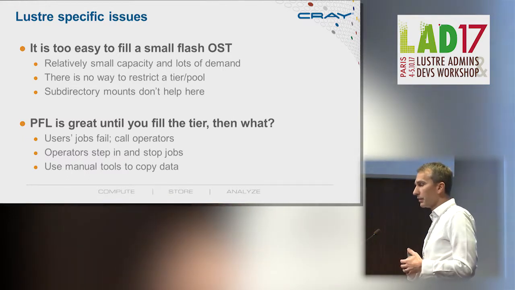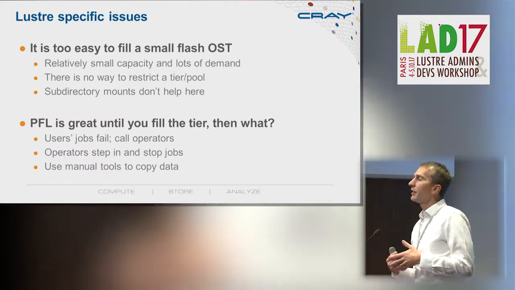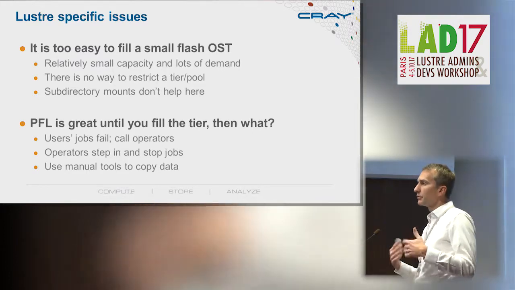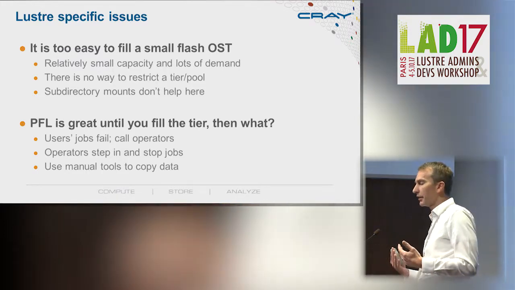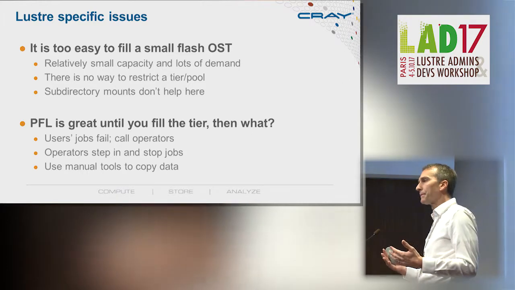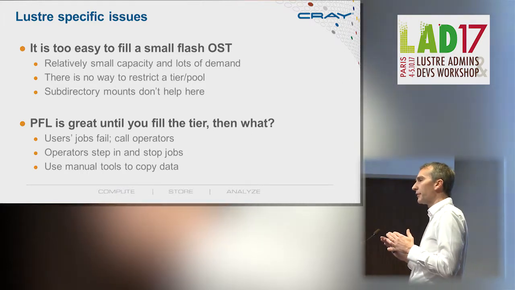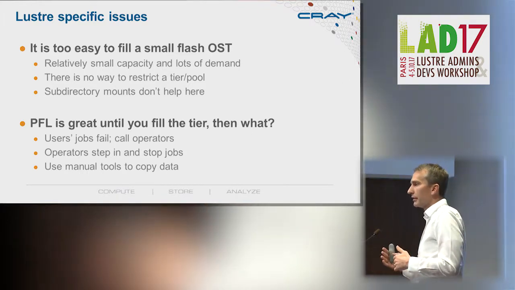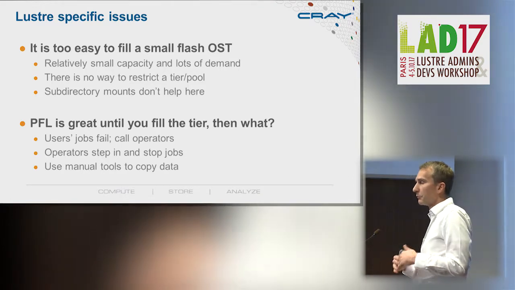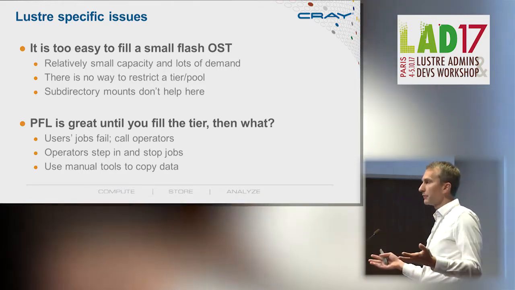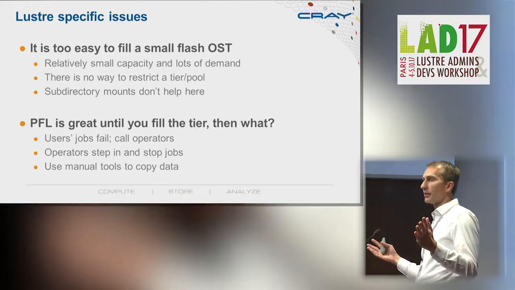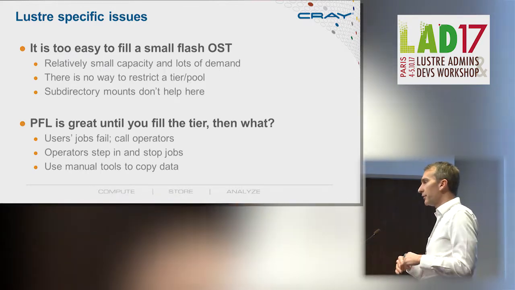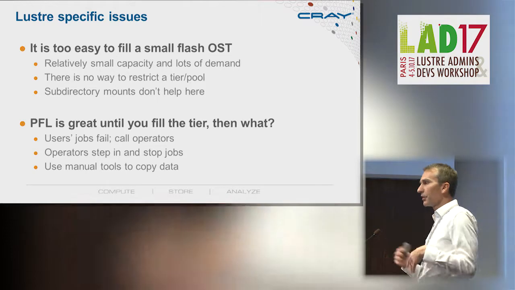And the problem is that we don't have any Lustre tools to help us manage that. There's no way to restrict the amount of stripes that land in a pool, for example. OST pools are just ephemeral. You can define them to be any collection of OSTs that you want. You can also stripe your files across all the OSTs.